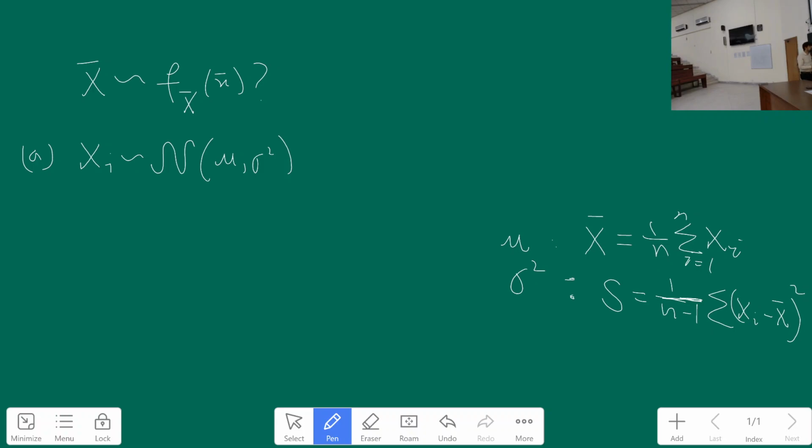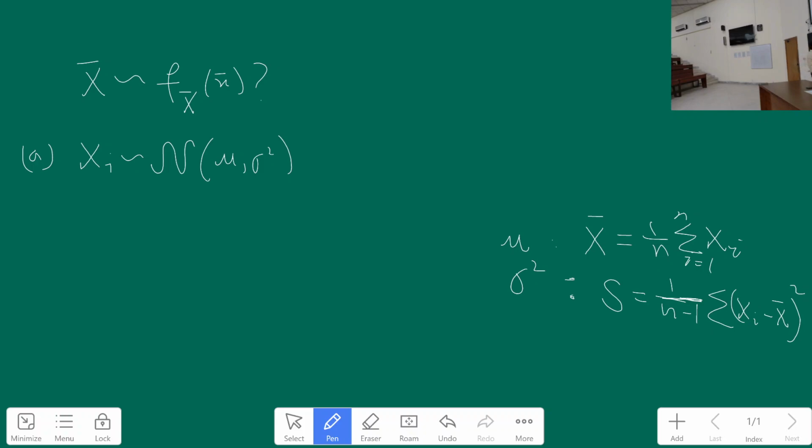So the first case is if the underlying data samples are Gaussian. Remember, we are already assuming in all these that they are independent, that they were coming from a random sample. So that is already assumed. The additional assumption is that they are all normally distributed with the same mean and variance.